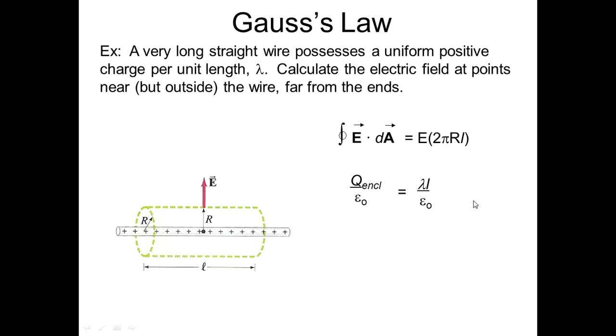So now I can set these two equal to one another. Now I can solve it for the E field. And so E field equals 1 over 2 pi epsilon naught times lambda over r. Any questions?